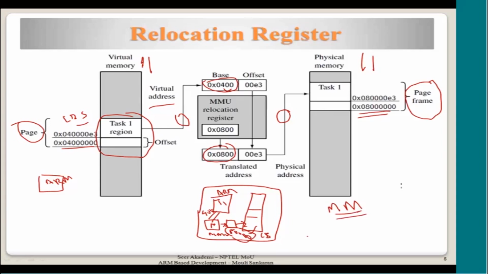So how do we program the MMU? Before programming the MMU, we should be aware of where the physical memory in the system is, what addresses they are at, and which addresses are not valid. All this should be known to you.